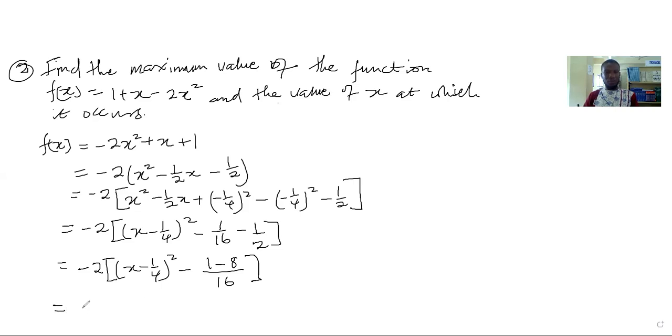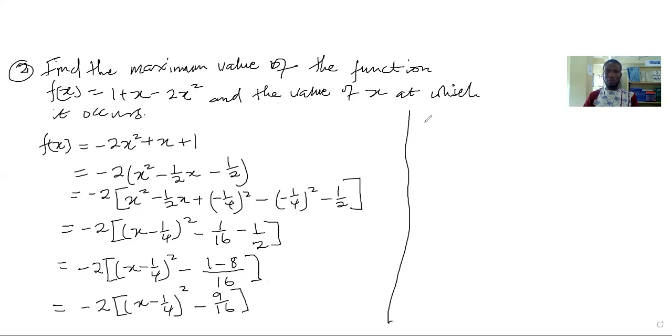So now we simplify further to have negative 2 bracket x minus 1 over 4 all squared minus 9 over 16. Then the next thing we'll be doing will be for us to open the bracket with the negative 2.